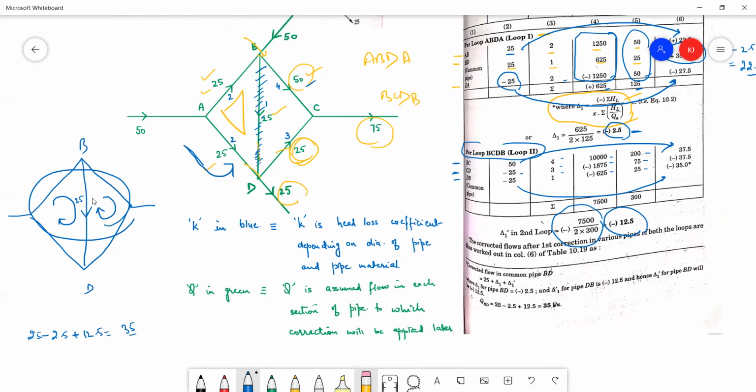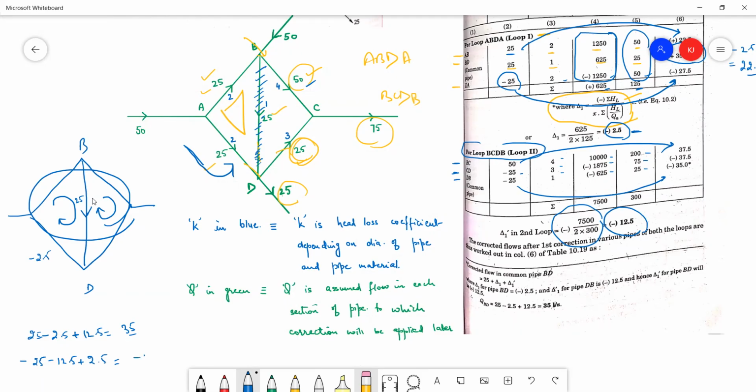Or else you can also do it like this, that starting with the second loop where the flow in BD was minus 25, okay, correction was minus 12.5, and the correction for this left loop was minus 2.5. We will change the sign, we'll keep it as plus 2.5 now, since it is being considered in the second loop.